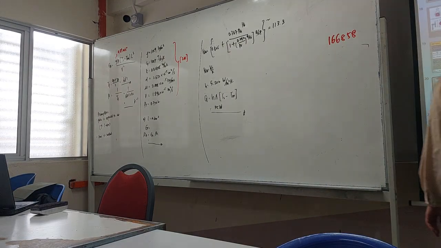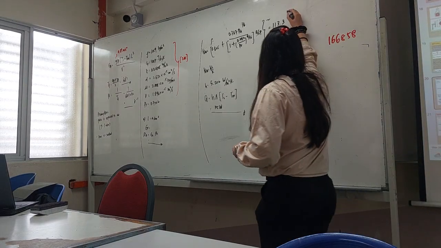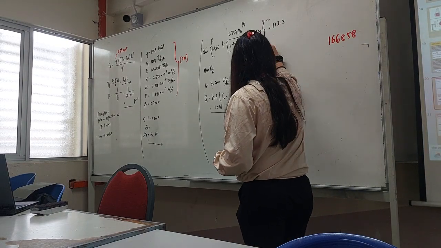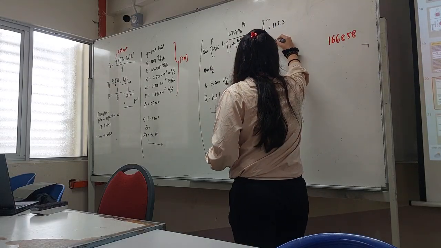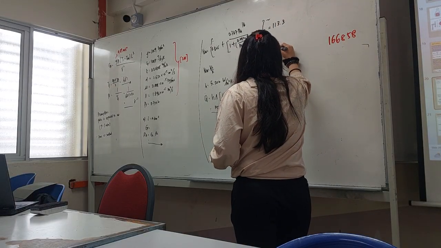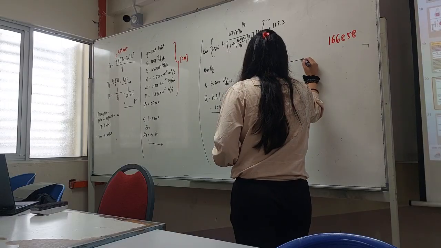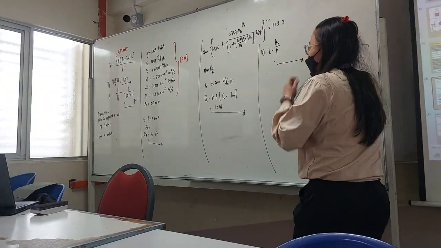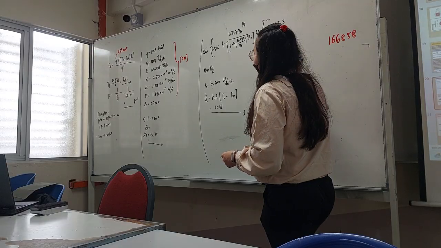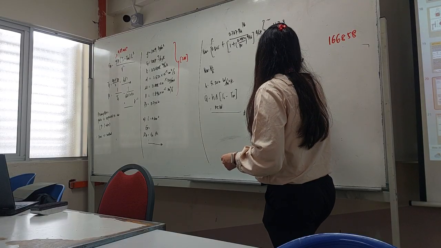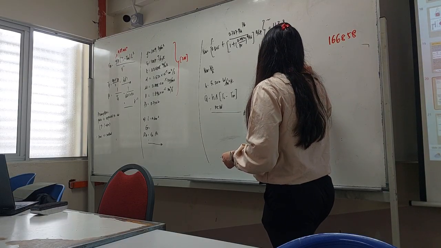Now the characteristic length here, you need to be careful. The characteristic length now refers to the cross-sectional area divided by the perimeter. Okay, so you get it already. Then you calculate the Grashof number.